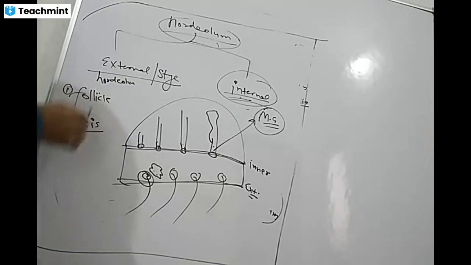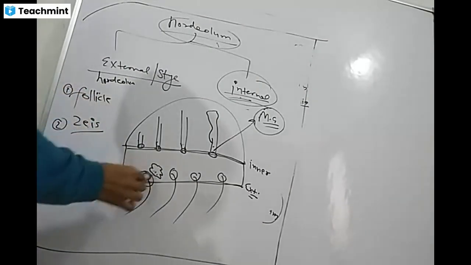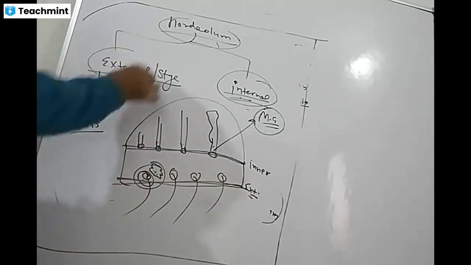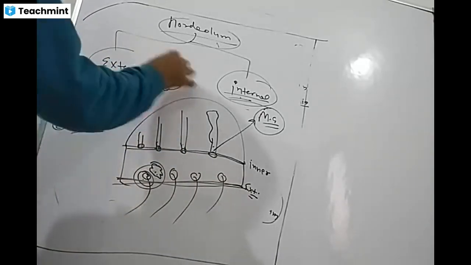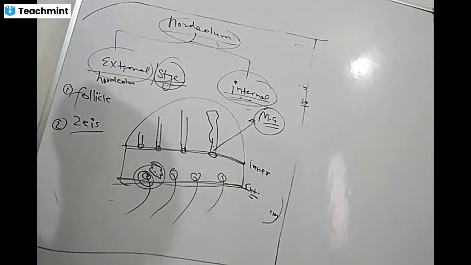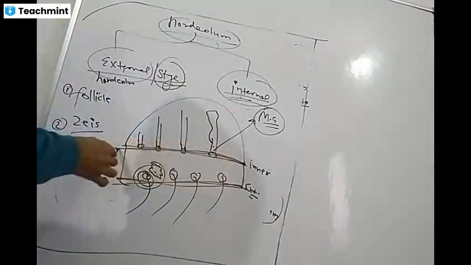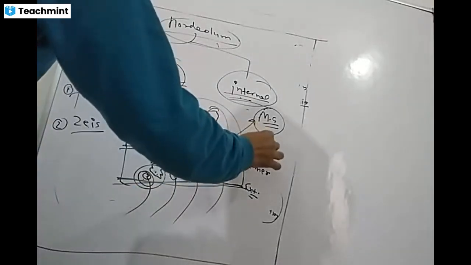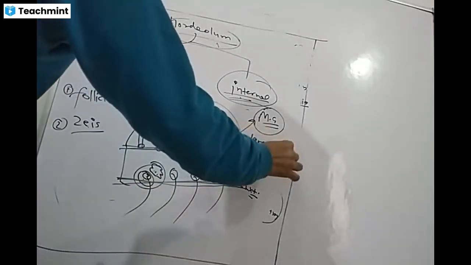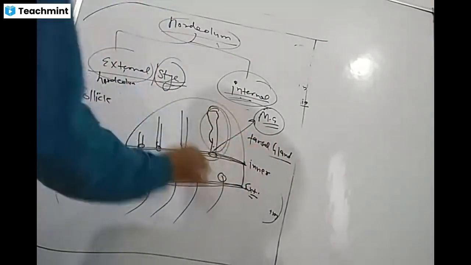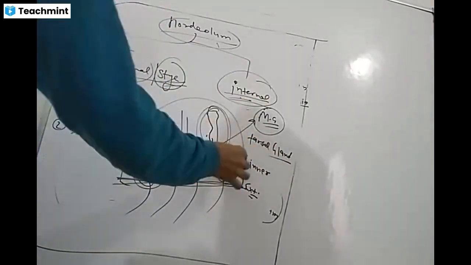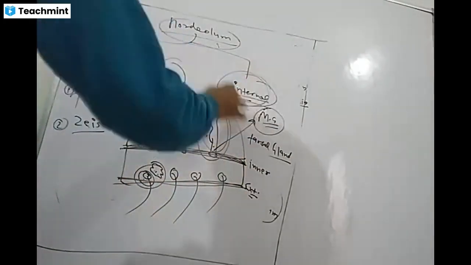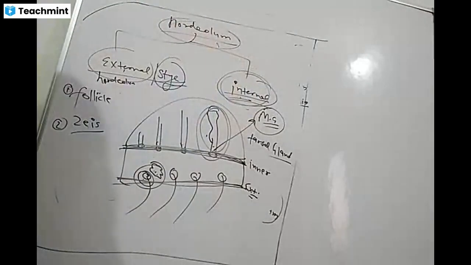When staphylococcal infection happens to these two structures, which are part of the external margin, it is called external hordeolum, or common name stye. At the internal margin, there are meibomian glands, or another name is tarsal glands. When the infection happens to the tarsal or meibomian gland, it is at the internal margin, therefore internal hordeolum.